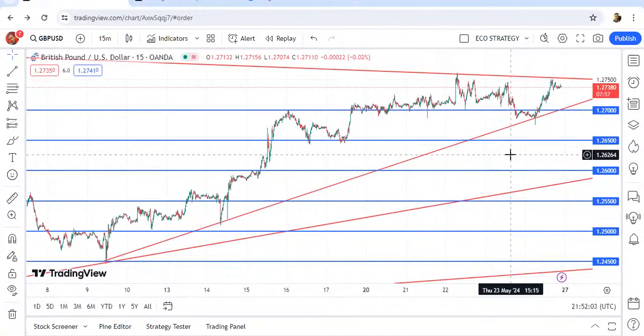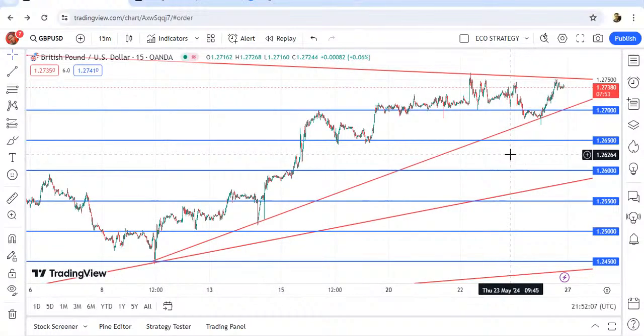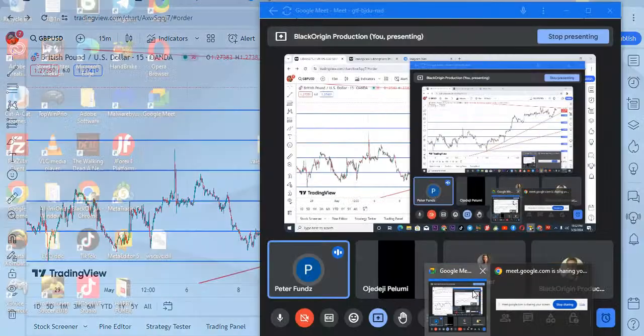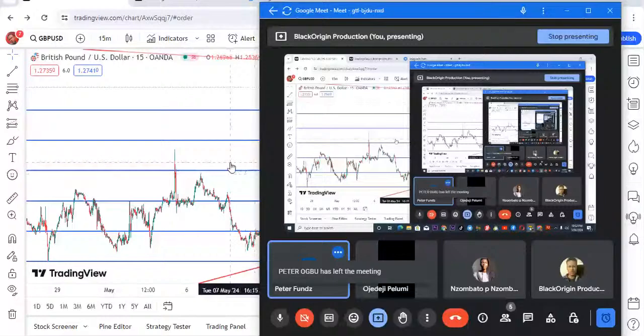You can easily create a strategy for GBP USD added to your break and retest. That is exactly what you can look out for, and you have your own.